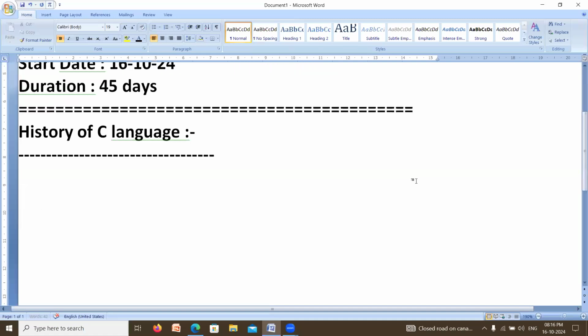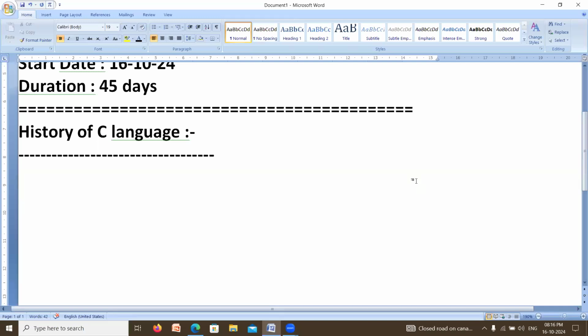Friends, there are so many programming languages in the world. C language, C++, Java, Python, data structures, COBOL, Foxpro. So many programming languages are there. But these are classified into basically two types: low-level languages and high-level languages.